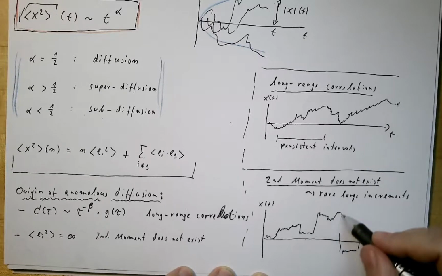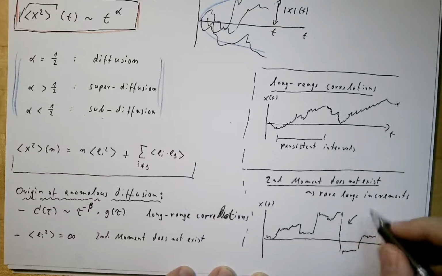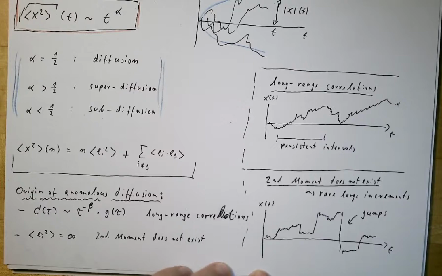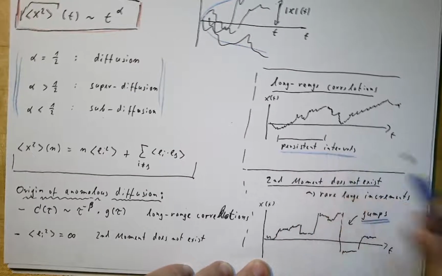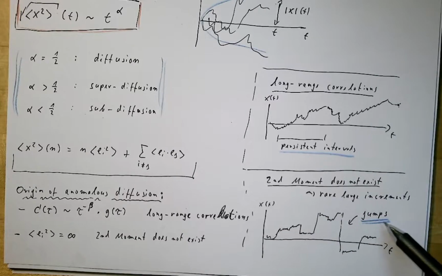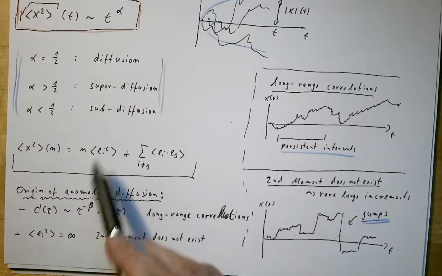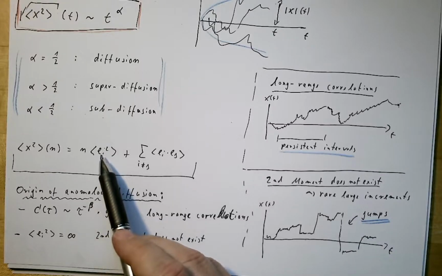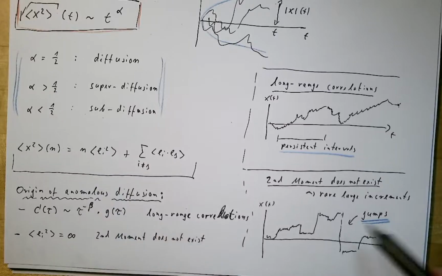So we will see such jumps. And we will need such jumps because we need very large increments. Only when we have very large increments will the variance go to infinity. But the jumps cannot always be large, because then you could just rescale everything.